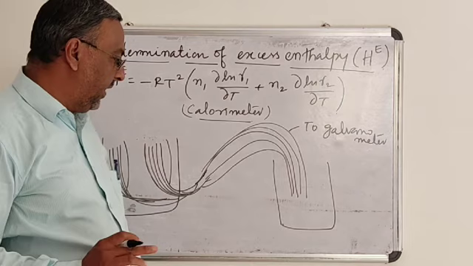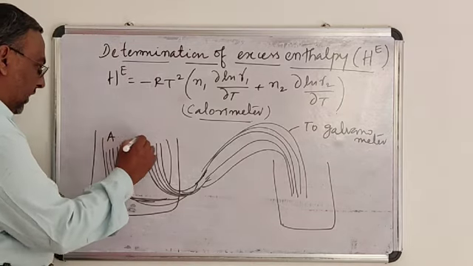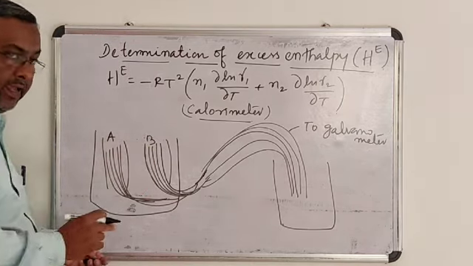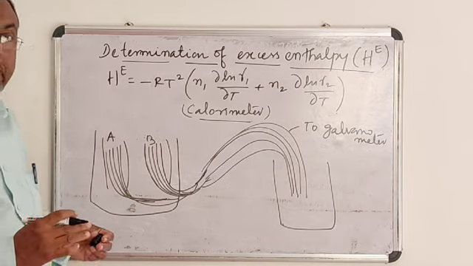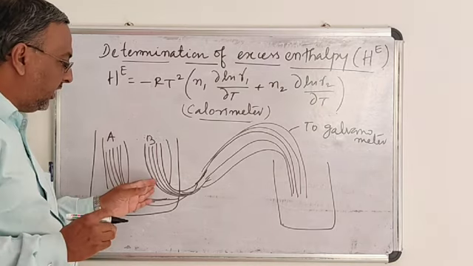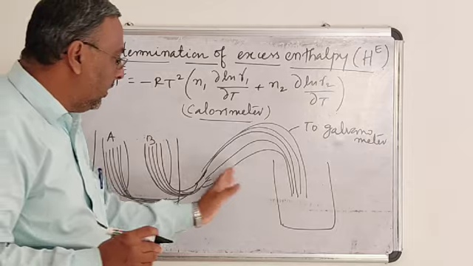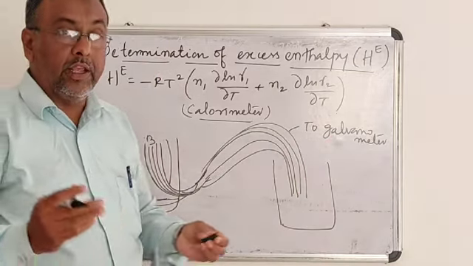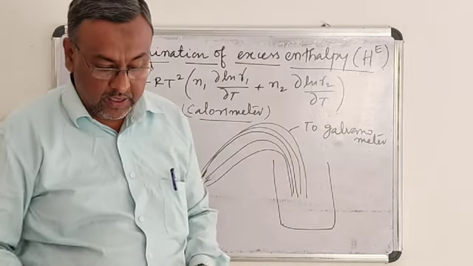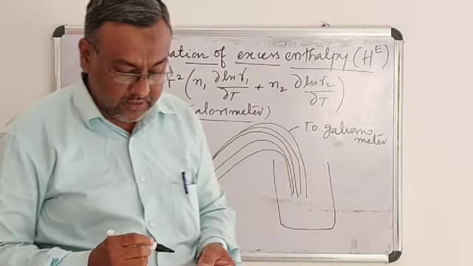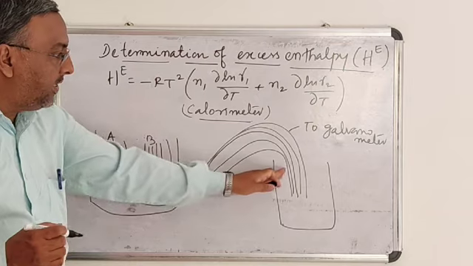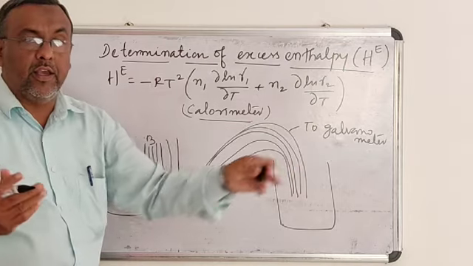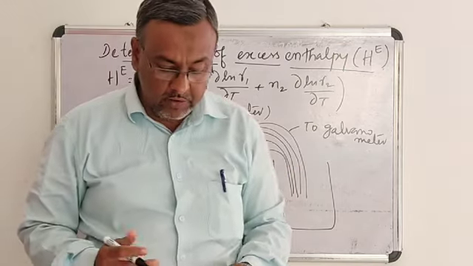So what happens when the two solutions are mixed together? The heat change on mixing is sensed by the constantan copper thermopiles, which are connected to the galvanometer. The heat change is responded to by the galvanometer.